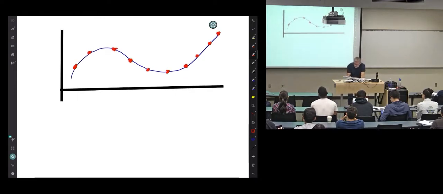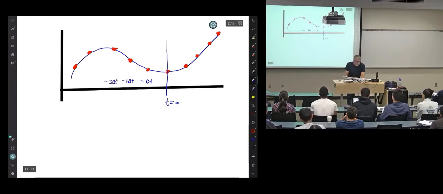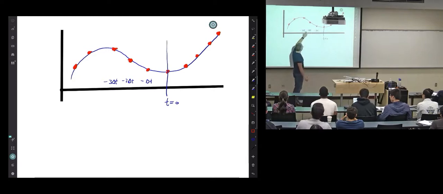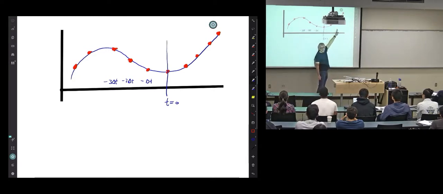At each point in time, I can say that's t equals 0. It doesn't matter. Okay? So this is now minus delta t, minus 2 delta t, minus 3 delta t. And these have the same values even when I now get 2 more data points and I move my axis to here.